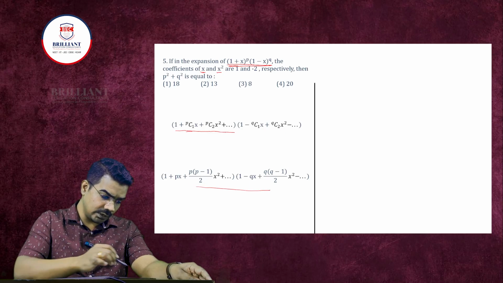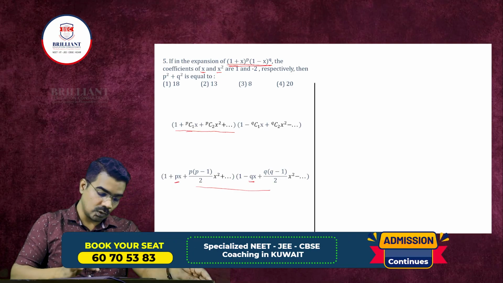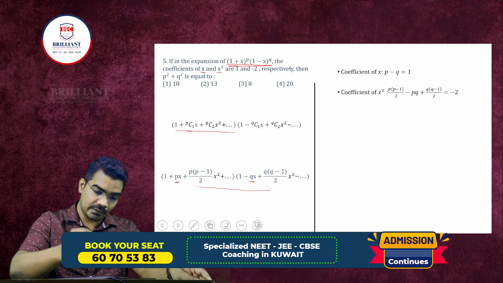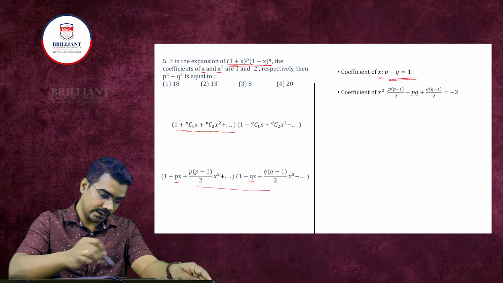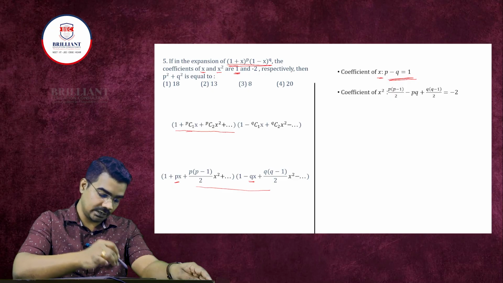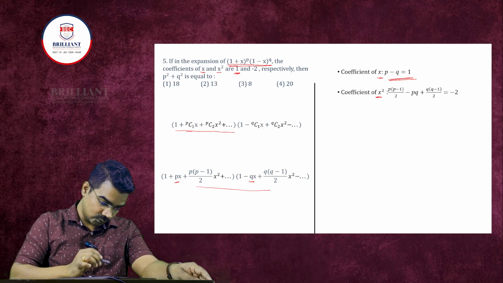So now we have to equate the coefficient of x. What are the coefficients of x? Then these terms are multiplied. Here it will be p and here it will be minus q. So equating the coefficient of x, we get p minus q is equal to 1. That is what is already given in the question. Now equating the coefficient of x square.